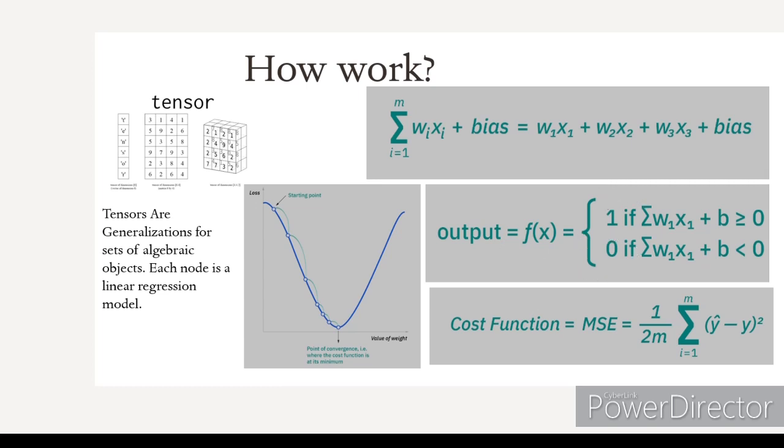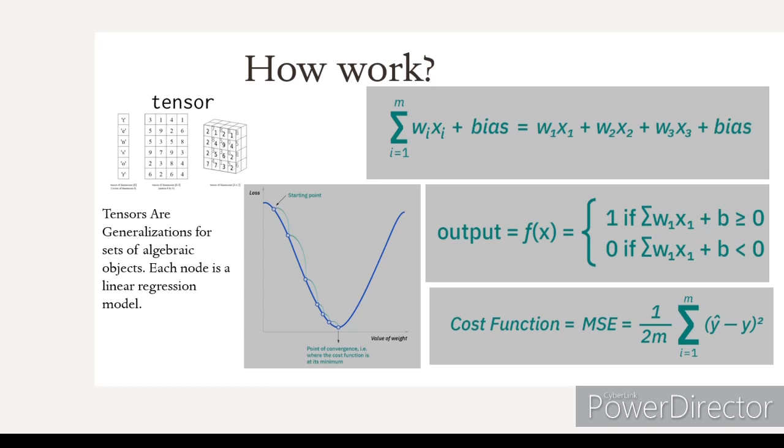Now all of this culminates into a cost function that we are trying to minimize in order to maximize correctness for a given model, which, if you remember your concepts from Calc 1 for optimization, is pretty similar to that. We're trying to converge to where the cost function is at its minimum.